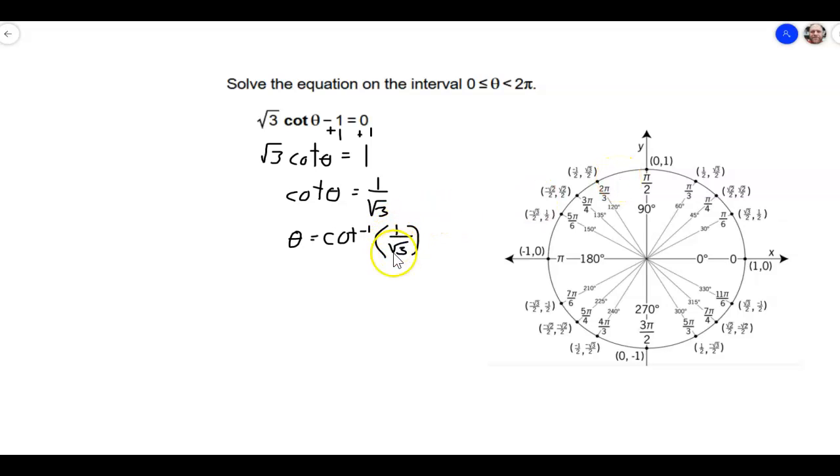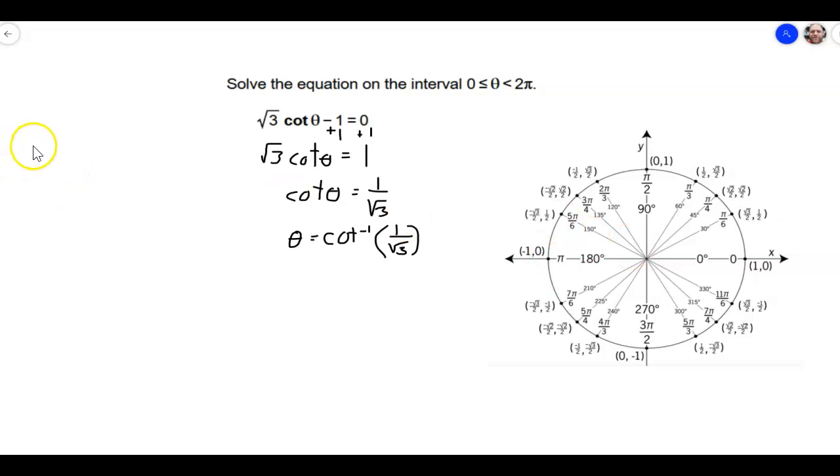And since the value here is positive, I know it's going to be in this first quadrant here. And since it has a root 3 in it, I know it's either going to be a 30-degree or a 60-degree angle. Now, cotangent is cosine over sine, so that's the x value over the y value. And since the root 3 is in the bottom, I know it's going to end up being 1/2 over root 3 over 2.